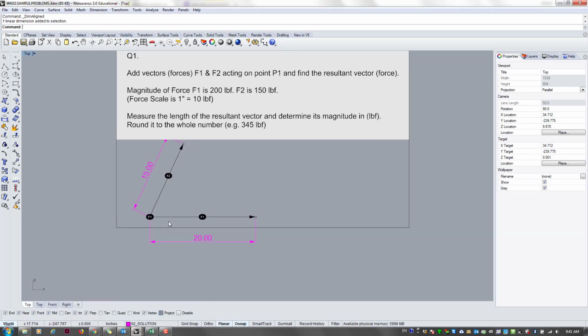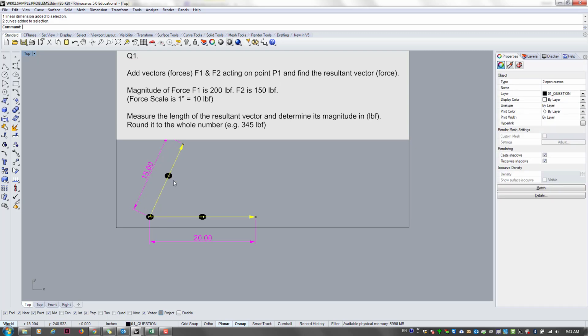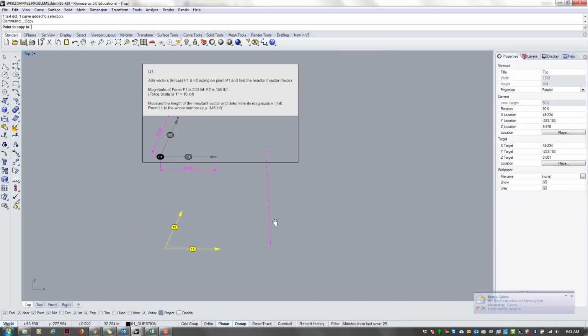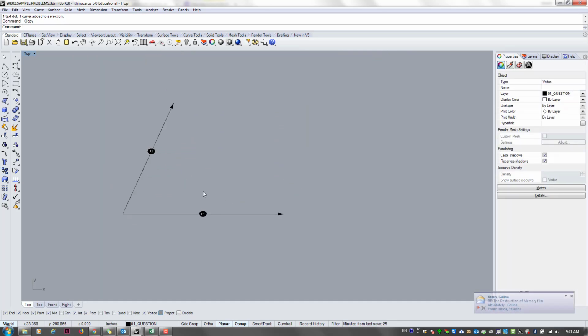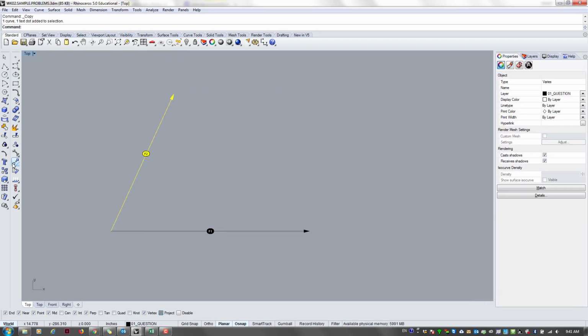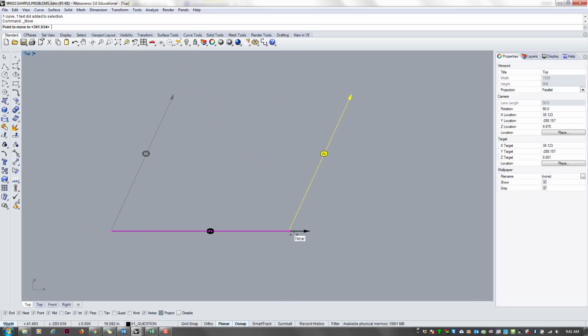Anyway, how do we add these two vectors? It's going to be exactly the same. Super easy in Rhino. You take these two, tip to tail method. I'm going to move this here. So your start point is here, your end point is here, and your resultant vector, I'm going to draw it as a line first.